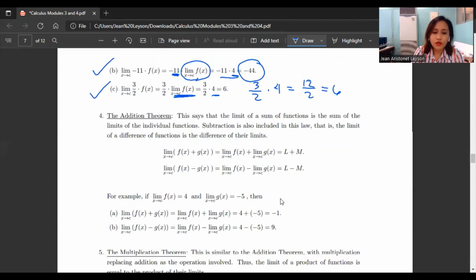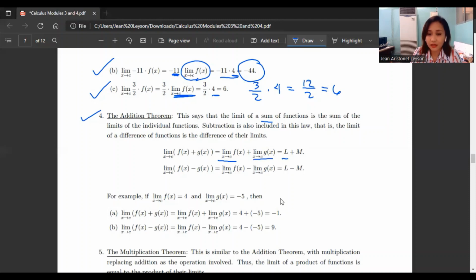Now, the fourth theorem is the addition theorem. This says that the limit of a sum of functions is the sum of the limits of the individual functions. Subtraction is also included in this law. That is, the limit of a difference of functions is the difference of their limits. So, the limit of f of x plus g of x as x approaches c is simply their individual limits added together.